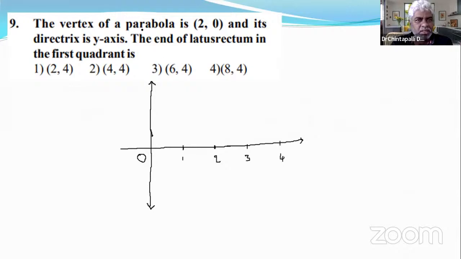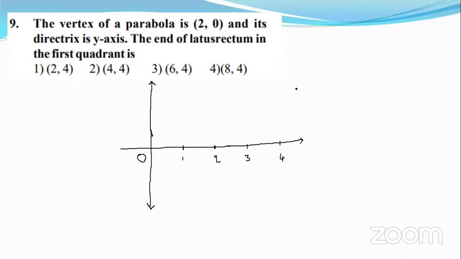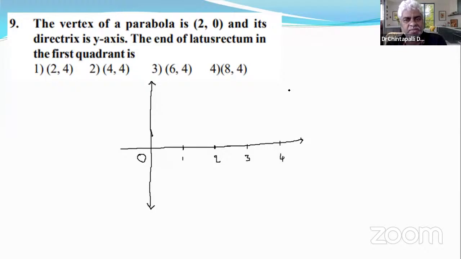See, the vertex of the parabola is (2, 0). Can you locate the point (2, 0)? Yes, sir, on the axis. Mark that point. Very good. It is the vertex.